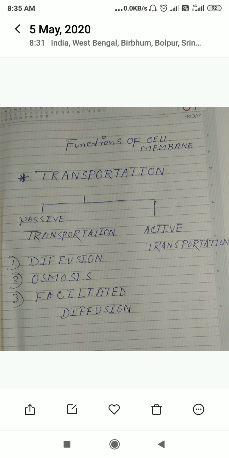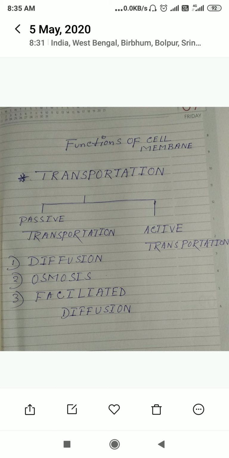So, we see that transportation is one of the very important functions of the cell membrane, as the cell membrane is the outer protective layer for almost all cells. Actually, for all cells the cell membrane is the outer protective layer. But in the case of plant cells, another layer is there, which is known as the cell wall.